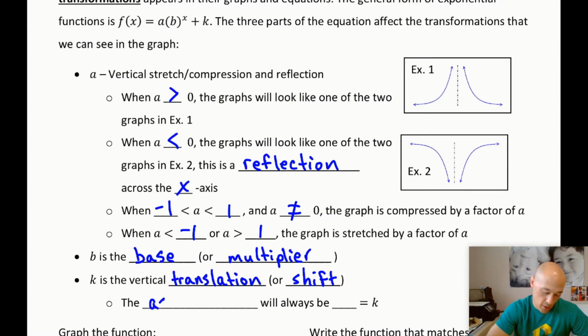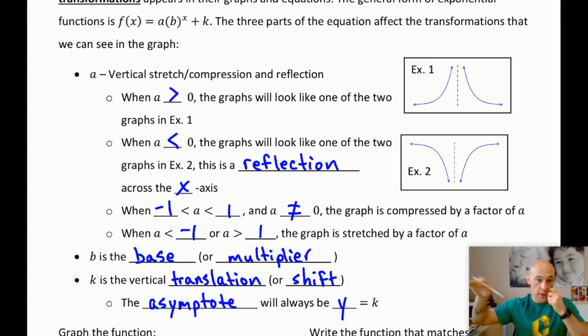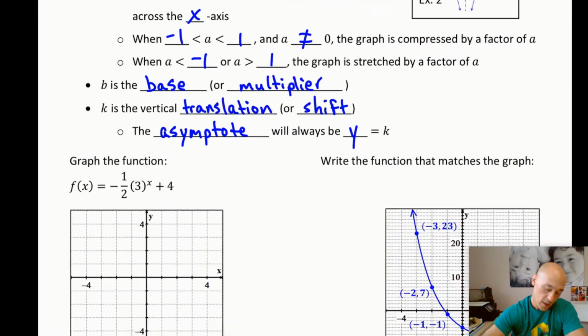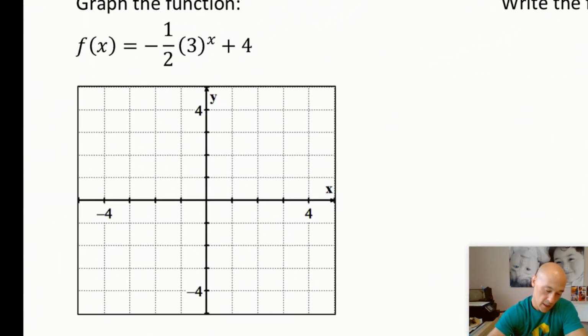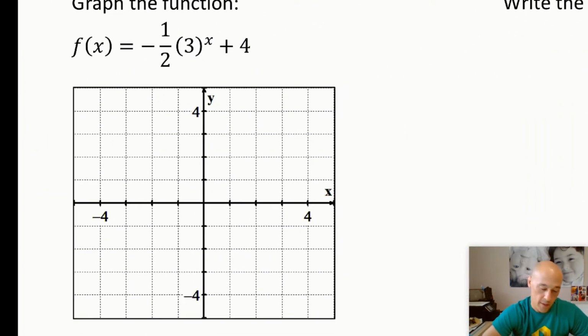The asymptote will always be y = k. So there's that horizontal line in all exponential functions where the graph is getting closer to it, but never quite gets there, or it could be going this way as well. But it's always horizontal.